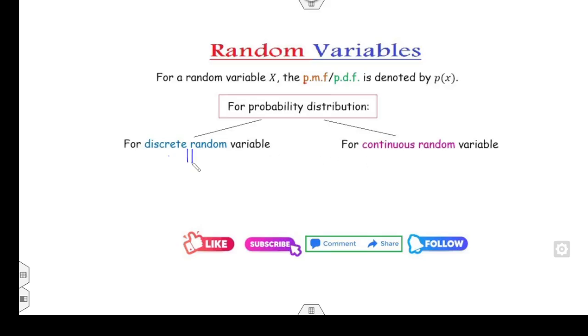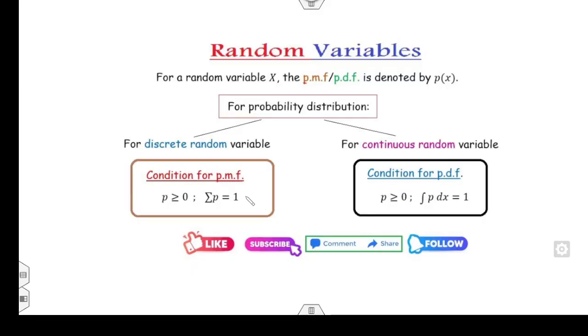Corresponding to the discrete random variable, we say this P is the PMF, probability mass function, if this probability value is positive and the sum of the probabilities is 1. On the other hand, for the continuous random variable, this probability is called a PDF. Whenever this probability is positive, instead of the summation sign, you put the integration, and it is 1. So this is the basic difference between the PMF and the PDF.